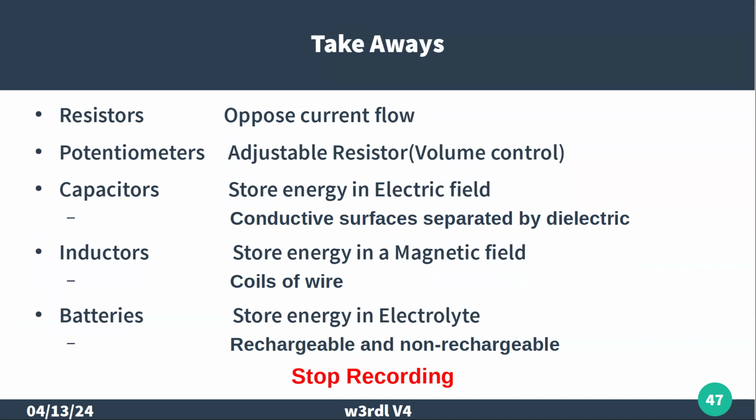In other words, it doesn't have to be a flat plate. Inductors store energy in a magnetic field, and they're composed of one or more coils or turns of wire. And batteries store energy in the electrolyte. We have both rechargeable and non-rechargeable types.